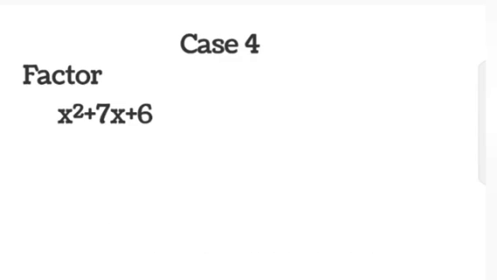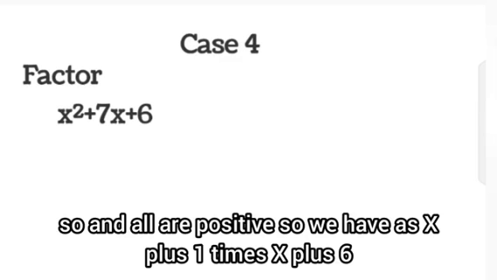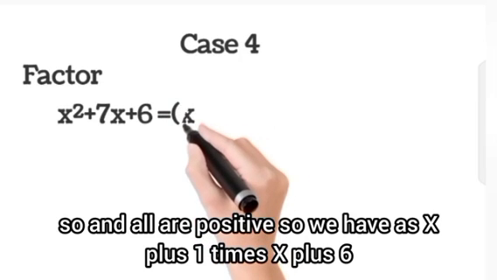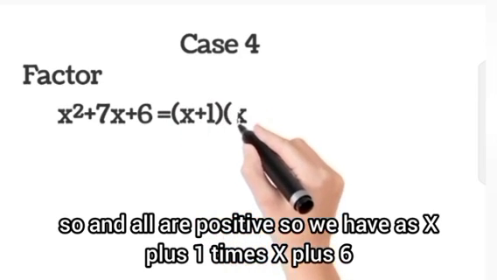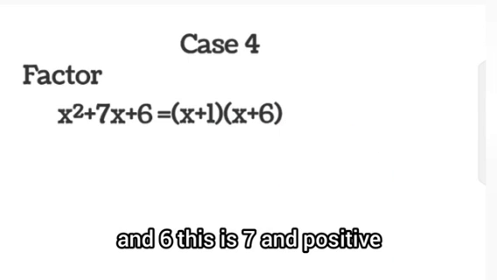So this is 1 times the last term. And all are positive, so we have x plus 1 times x plus 6. So if you add 1 and 6, this is 7 and positive.